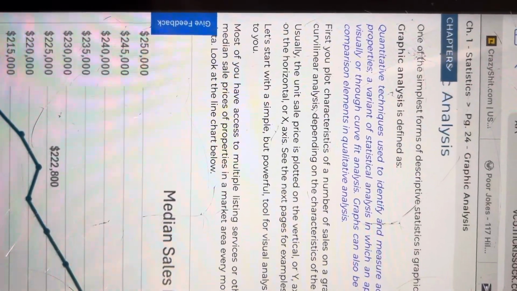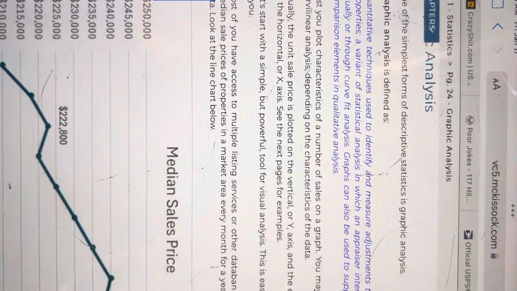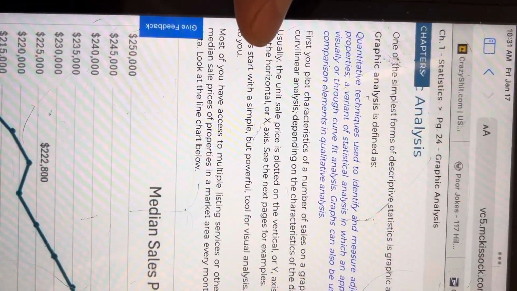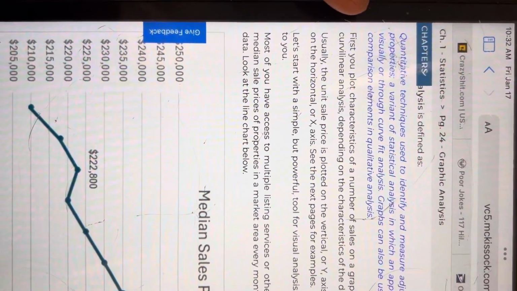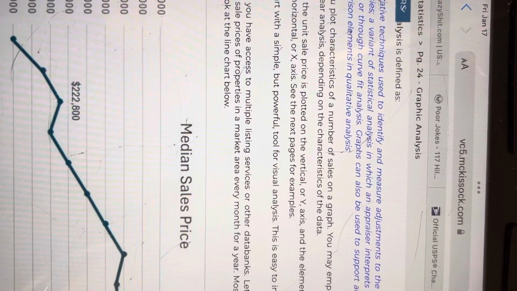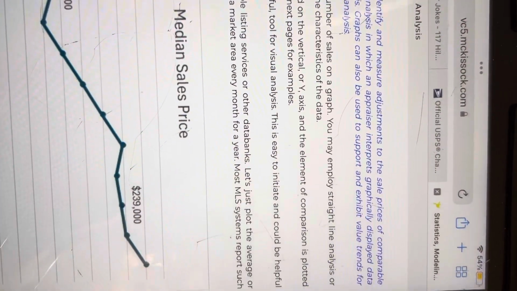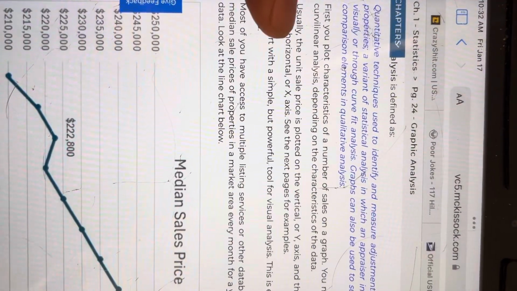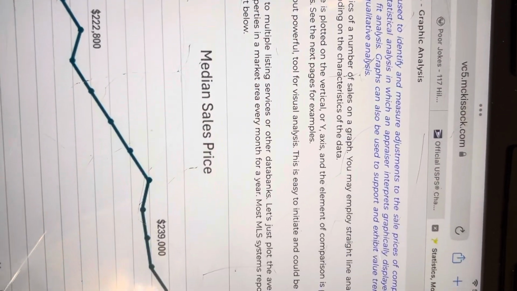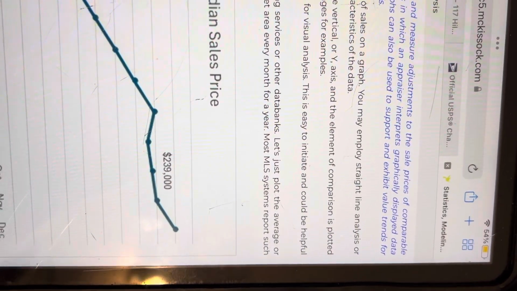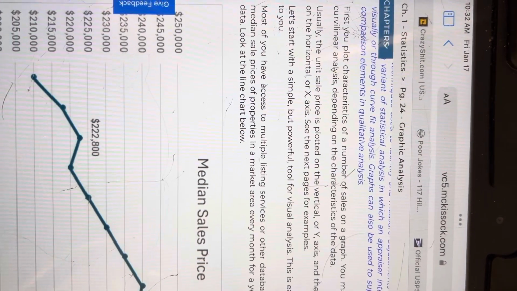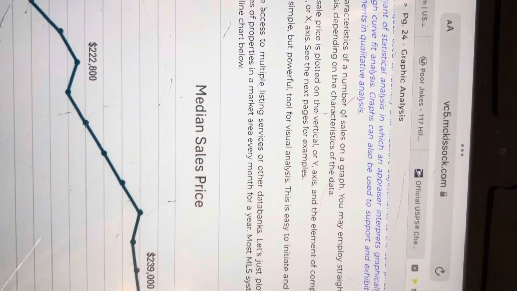Graphic analysis. One of the simplest forms of descriptive statistics is graphic analysis. Graphic analysis is defined as quantitative techniques used to identify and measure adjustments to the sale prices of comparable properties, a variant of statistical analysis in which an appraiser interprets graphically displayed data visually or through curve fit analysis.